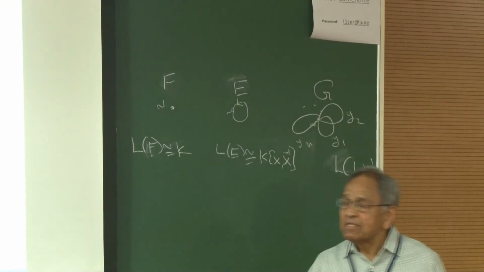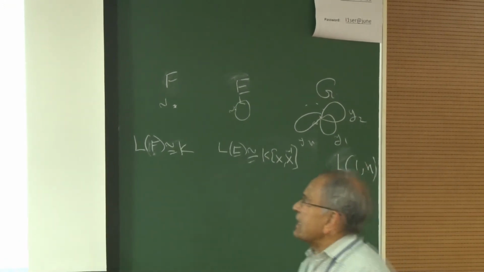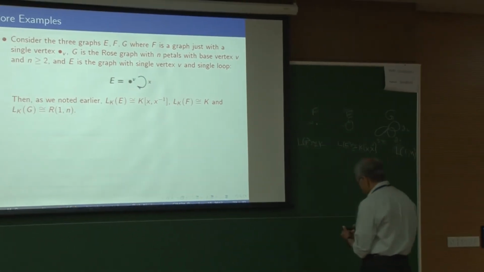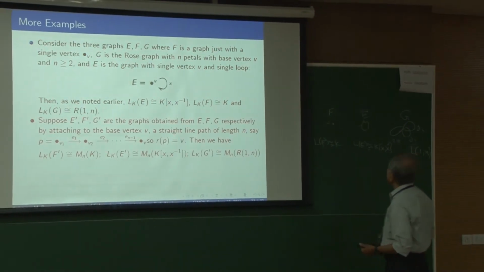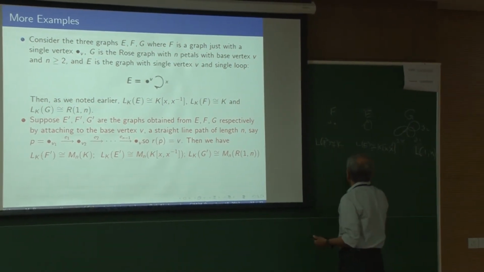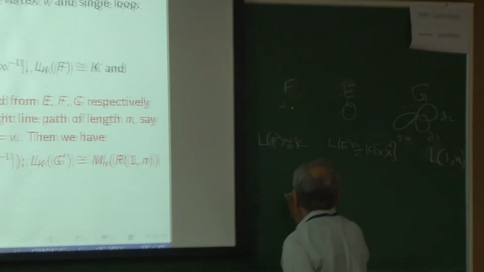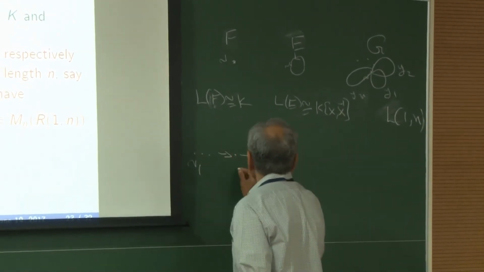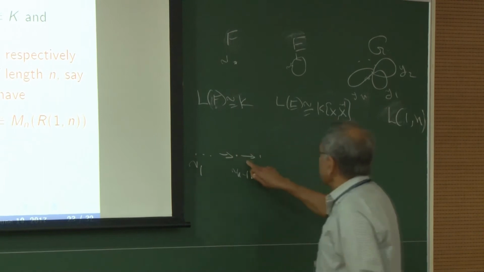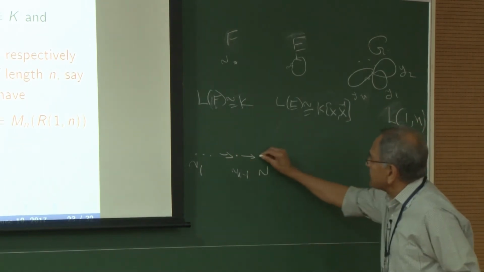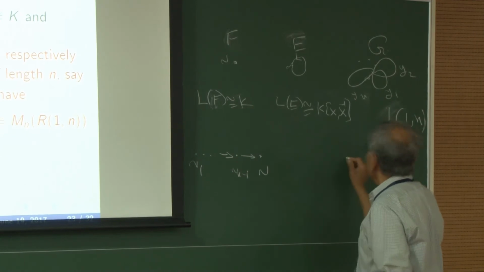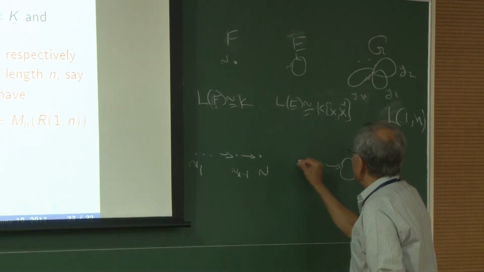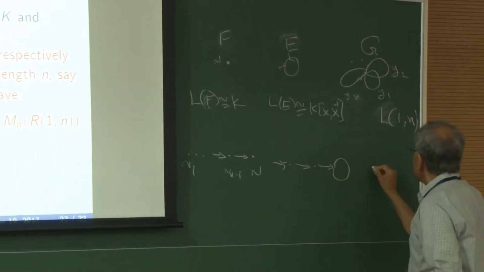What I'm trying to say is, take this graph and attach a straight line segment of length n. For instance, take vertices v1, v2, up to v_{n-1}, and attach a straight line segment to this vertex. I do the same thing here, and the same here also.